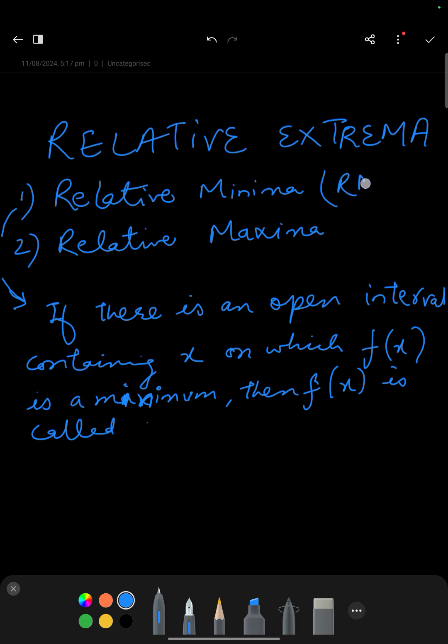We use relative minima and relative maxima, so we call it relative minima.